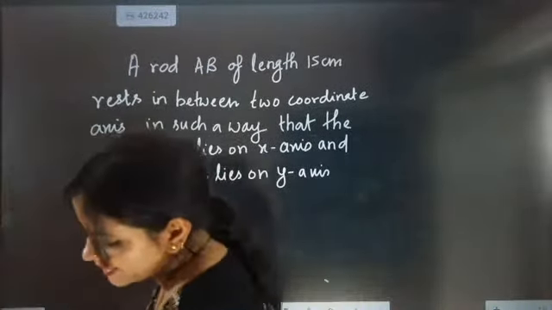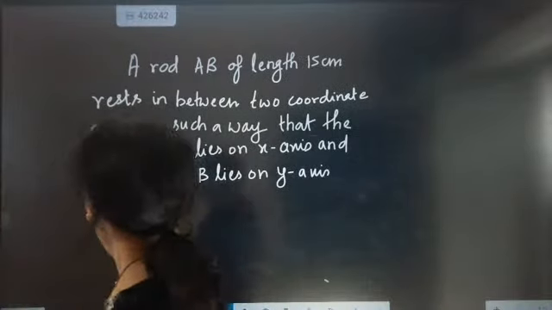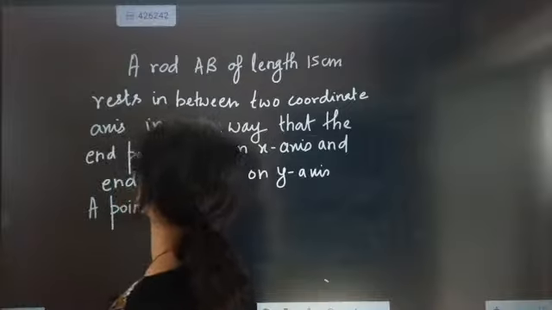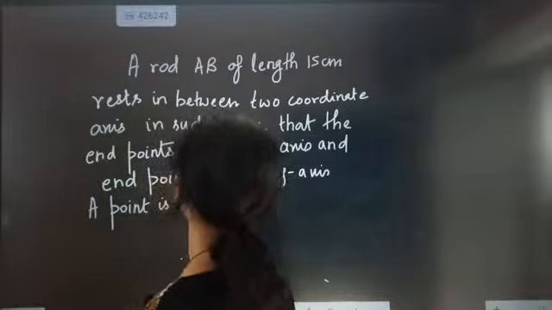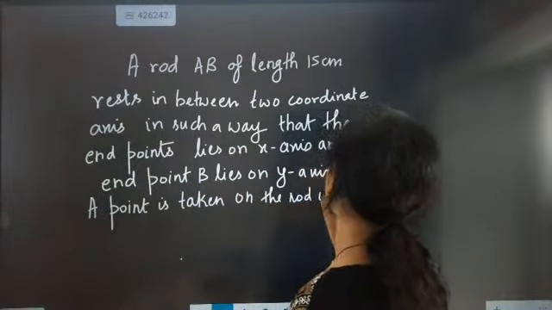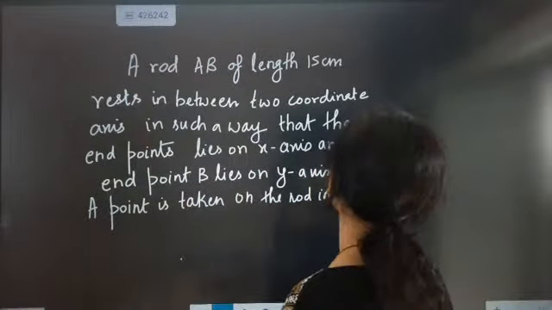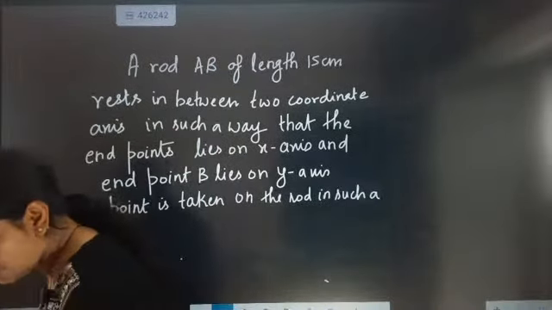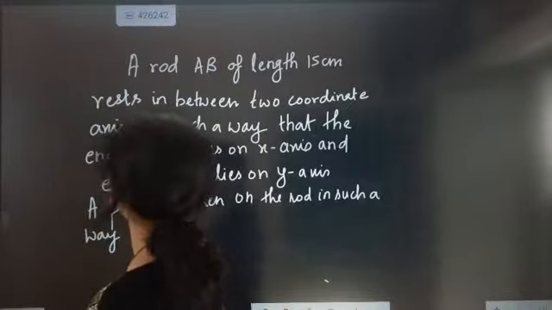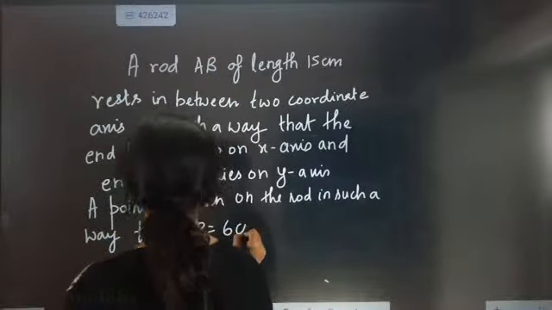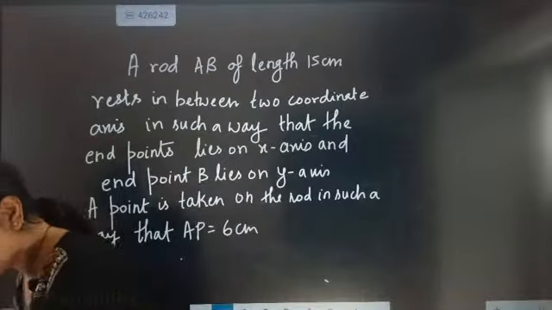A point P is taken on the rod in such a way that AP equals 6 centimeter.